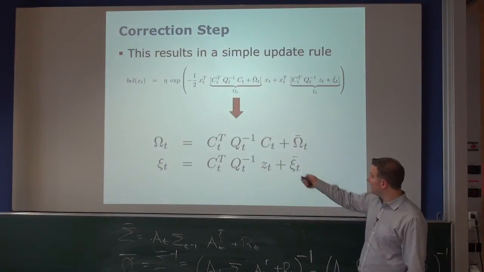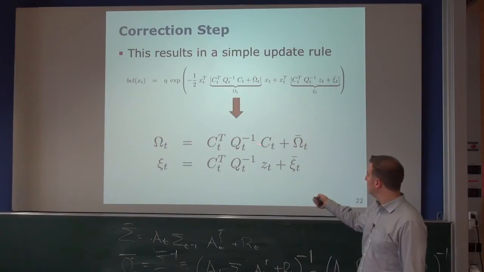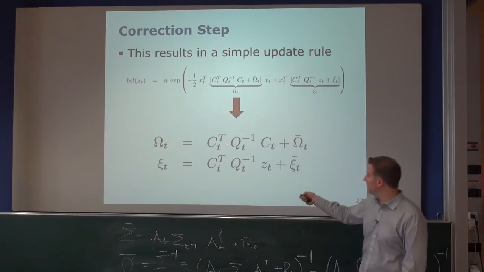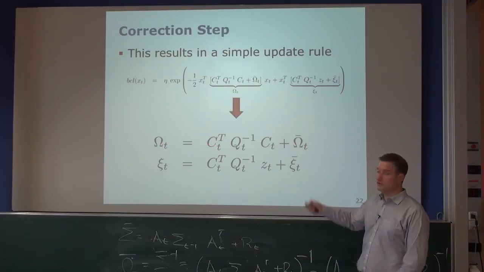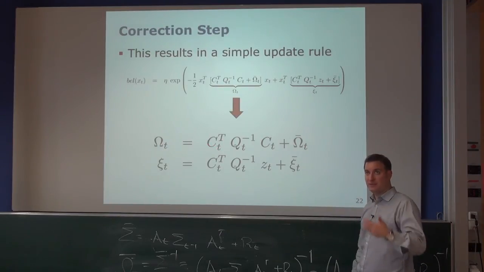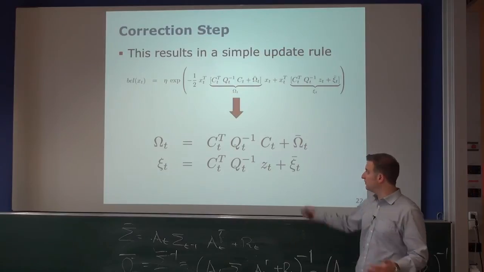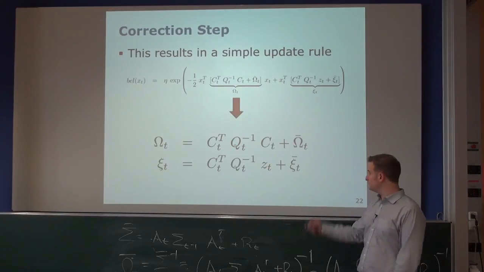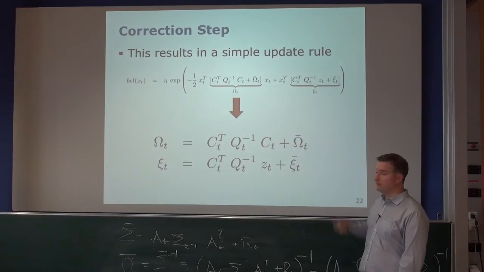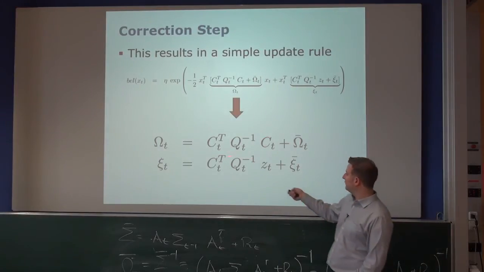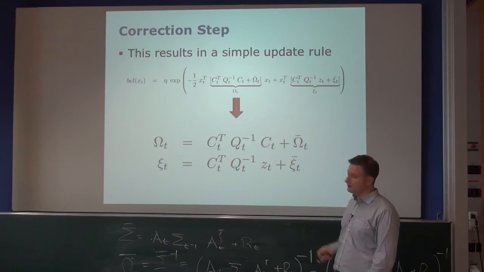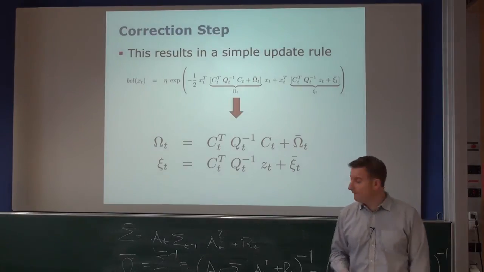So from this line here, we can derive that the information matrix is computed as C transpose, where C was a mapping from the states to the observations, times the inverse of the uncertainty of our sensor, times C, plus our predicted belief, and here again the information vector and here our observation.